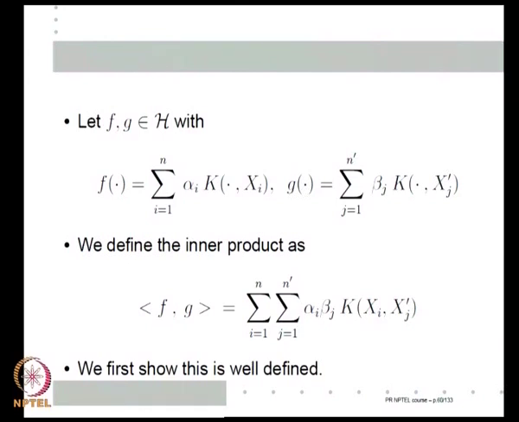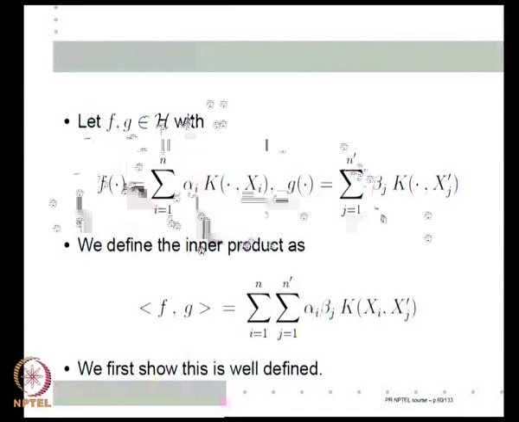What do you mean by well defined? When I say elements of H are finite linear combinations of kernel functions centered at points x, this function f, given different arguments, say f(x), is the summation of alpha_i k(x, x_i). Now, given a function f in H, there may be more than one way of writing it as a linear combination of kernel functions.